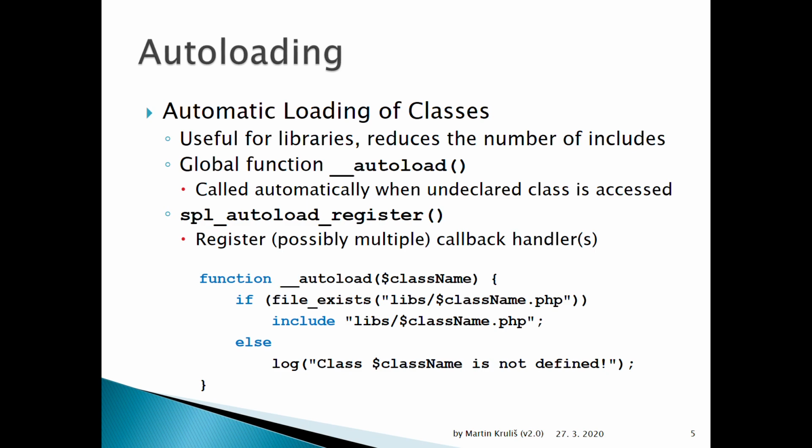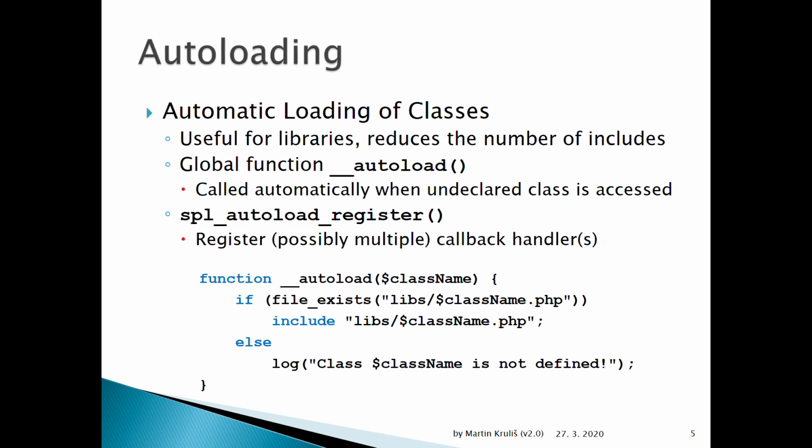The principle of both these mechanisms is that whenever a class is to be used, for instance, to create a new object, and that class does not exist yet in the namespace of classes, then autoload is invoked with the proper class name, and this code should ensure loading, including the appropriate file.